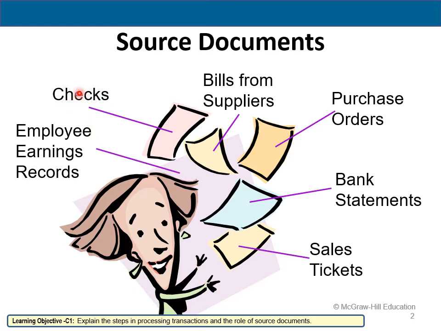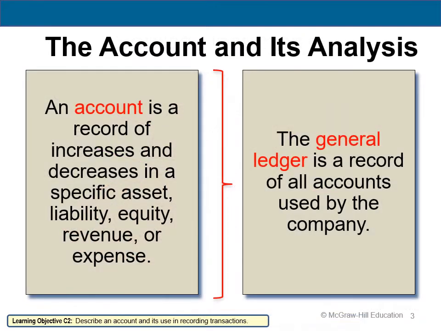Checks for the power bill, checks for property taxes or what have you. Bills from suppliers. Later in the semester, we'll do bank reconciliations. We'll get knee deep in bank statements with that. So these are just some examples of source documents.